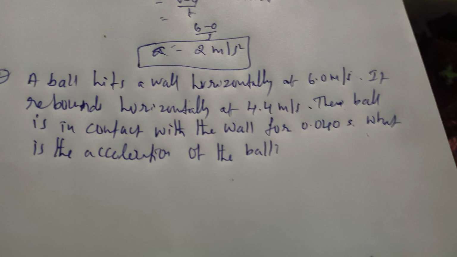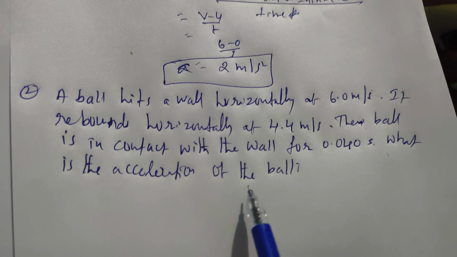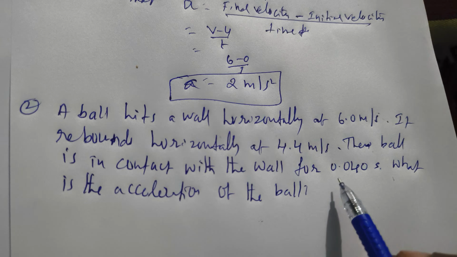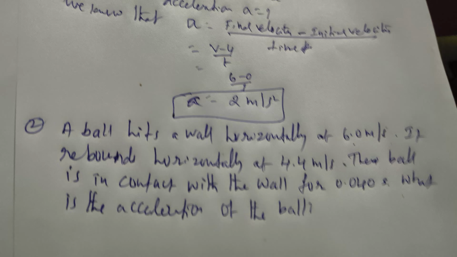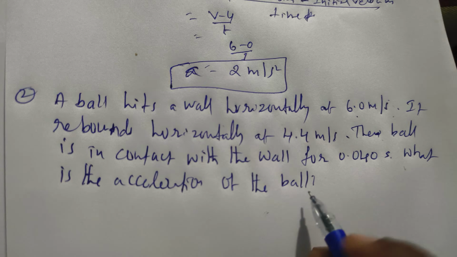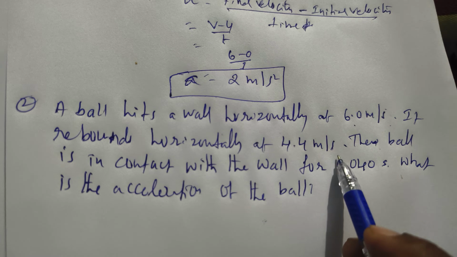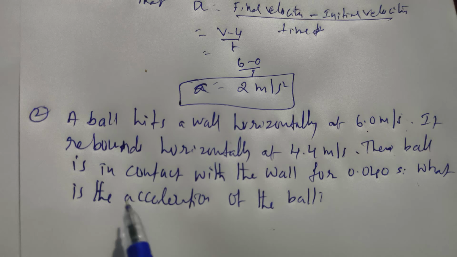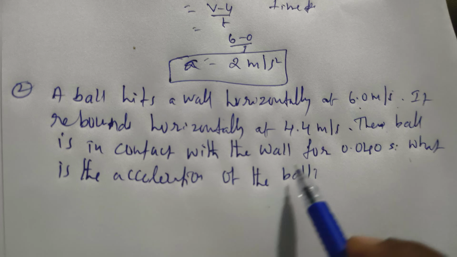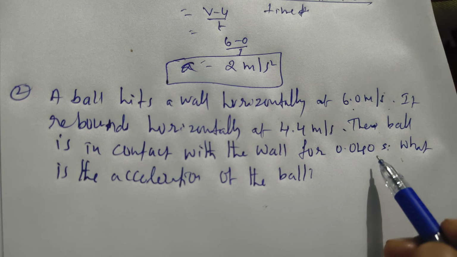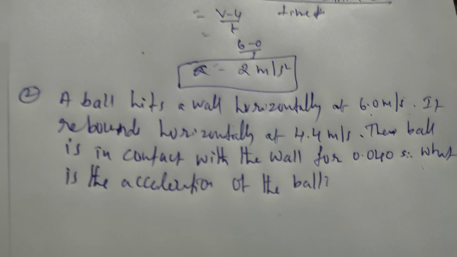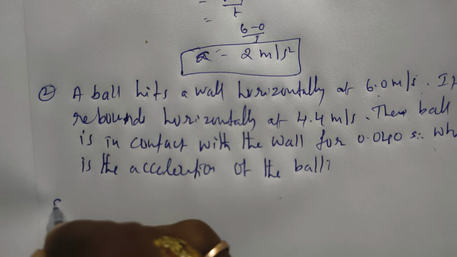The second problem, see, a ball hits a wall horizontally at 6 meter per second. It rebounds horizontally at 4.4 meter per second. The ball is in contact with the wall for 0.040 seconds. What is the acceleration?